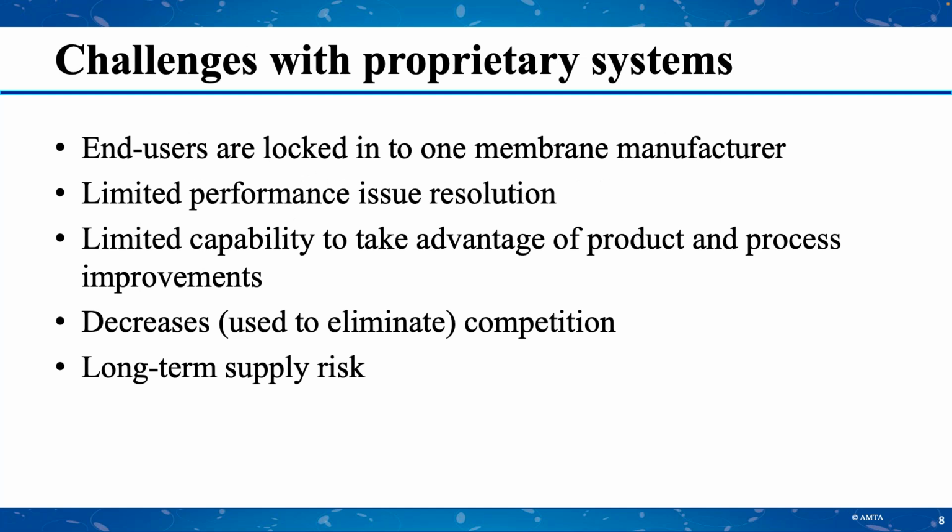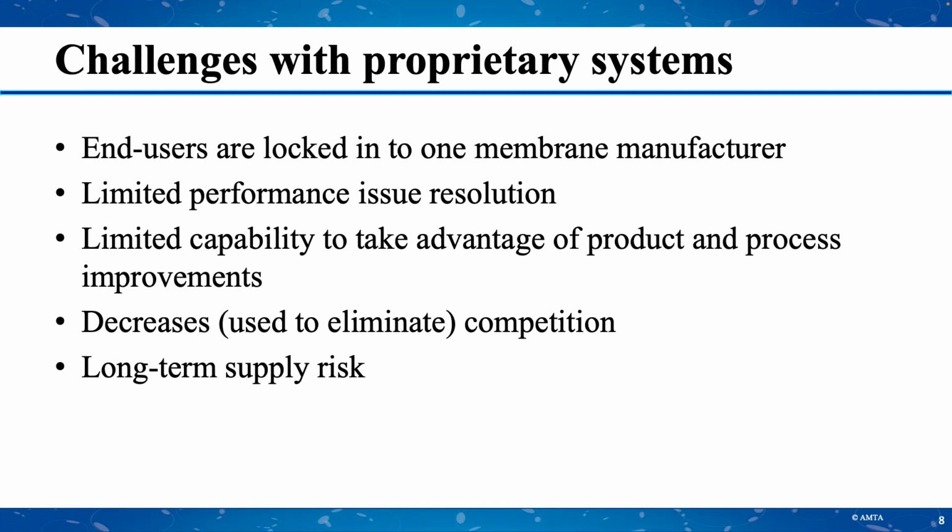However, there are some challenges, of course. The first one, and kind of the driver of these other issues, is that end users get locked into one membrane manufacturer, and that can lead to a variety of challenges.